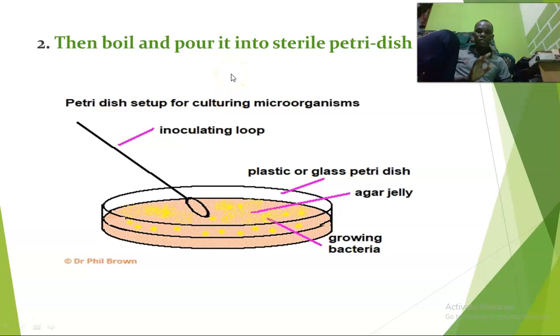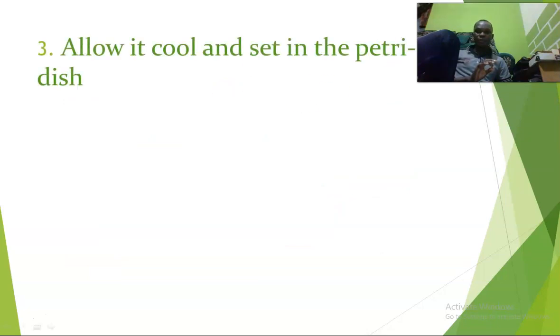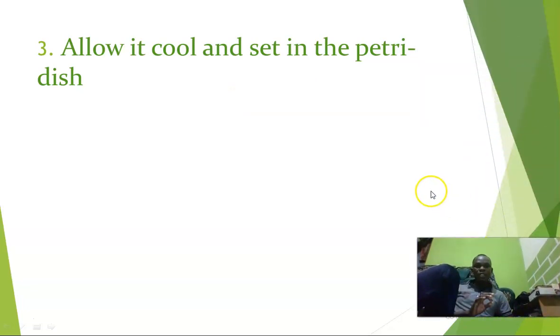So this is step 2. Whatever we've done in step 1, we pour it into the petri dish and make sure we cover it immediately. Next, step number 3, is that we allow the jelly we poured in the petri dish to cool, and we still keep it covered. We won't open it.